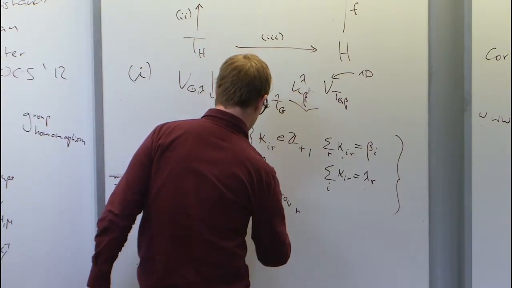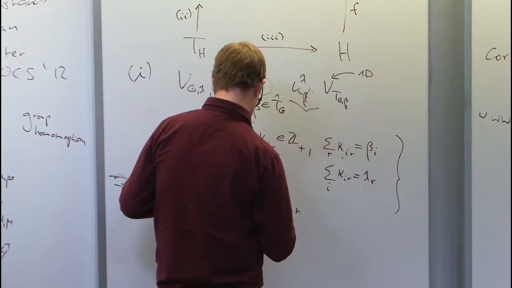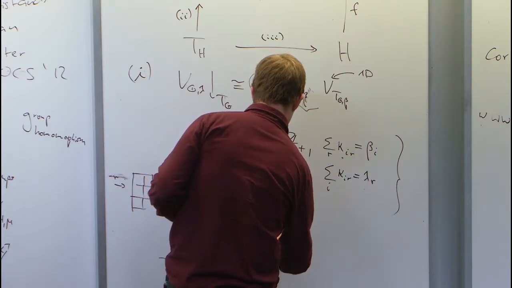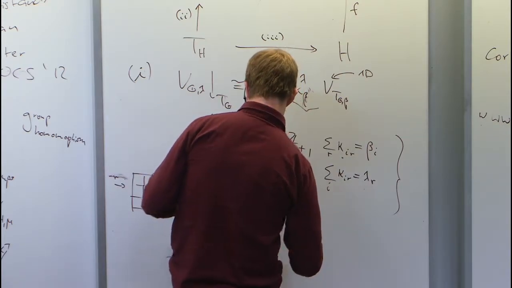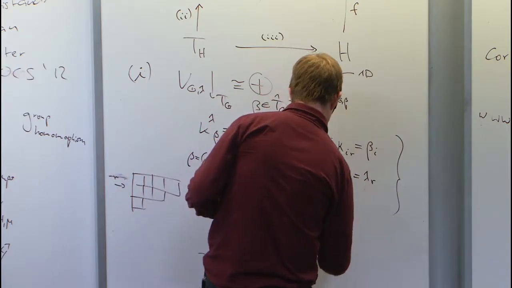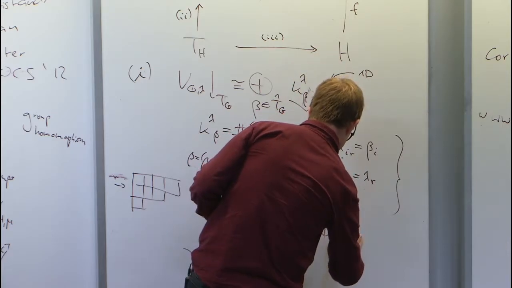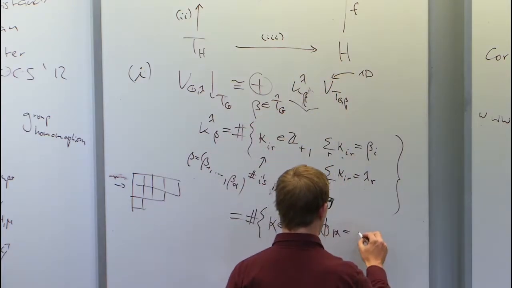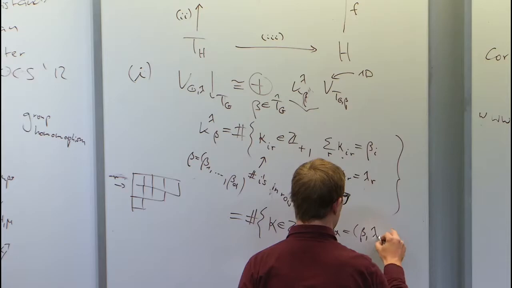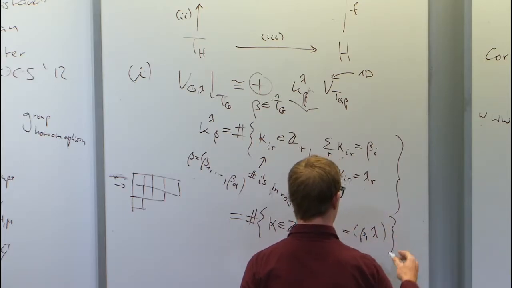Okay, upshot is it's the number of kappa in the set D, and then there is some map that takes this vector kappa and it should spit out beta and lambda. Okay. Well, anyway.